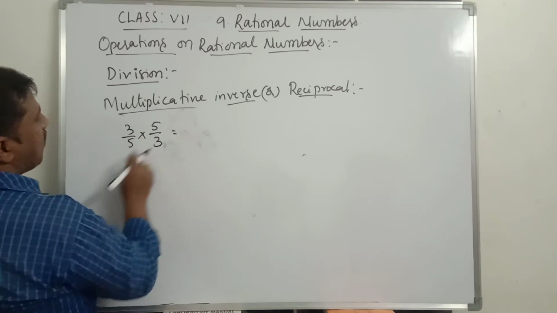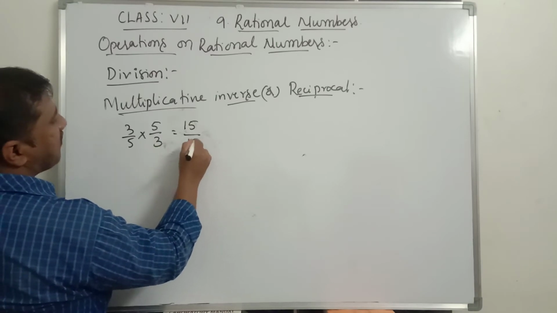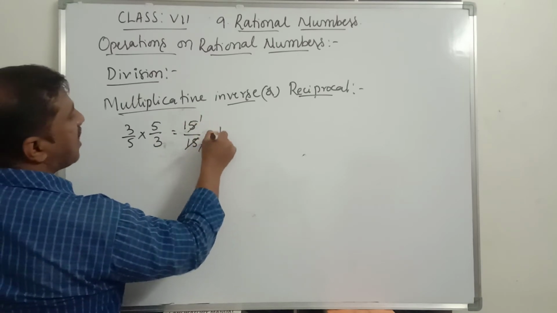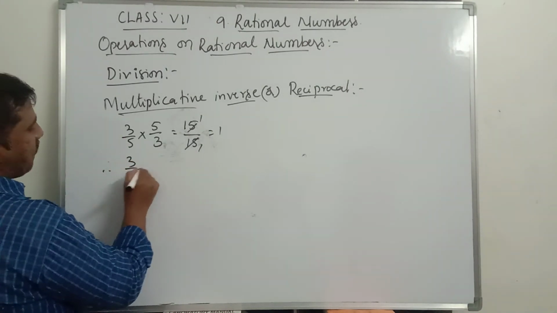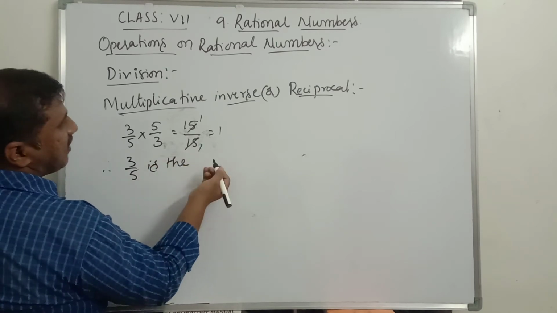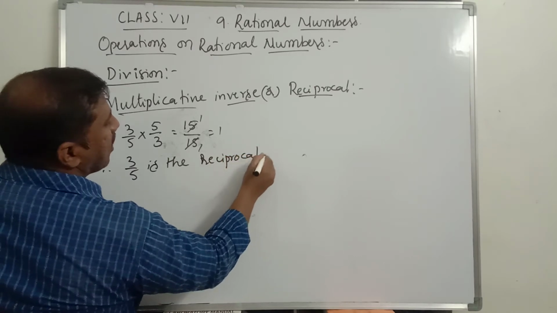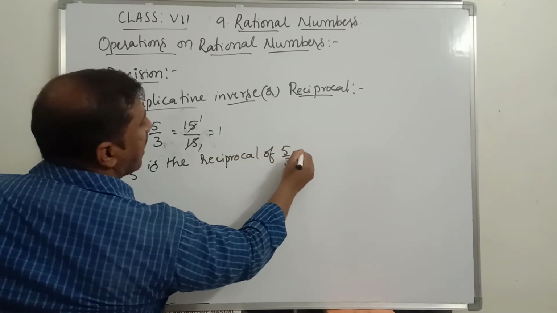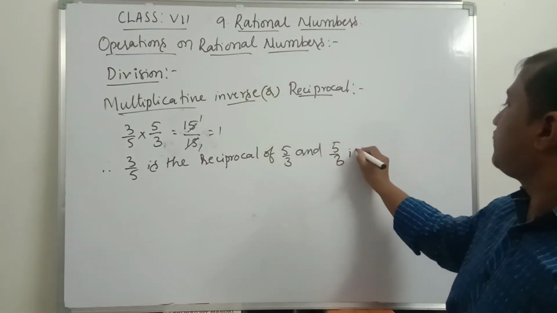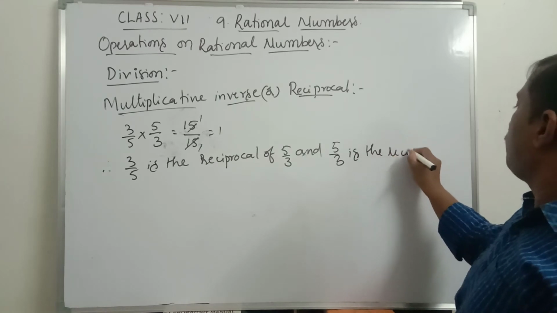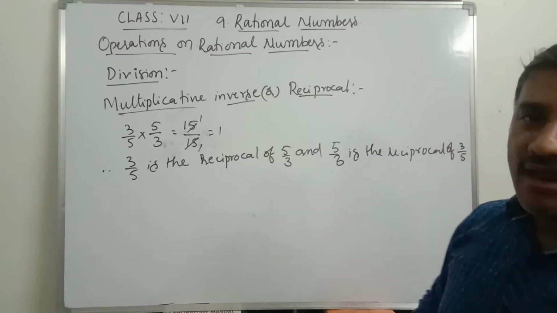Now, if you multiply 3 into 5, 15, divided by 5 into 3, 5 threes are 15. So 15 ones are 15, we got 1. Therefore 3 by 5 is the multiplicative inverse or reciprocal of 5 by 3, and 5 by 3 is the reciprocal of 3 by 5.